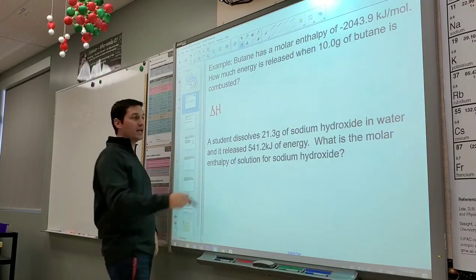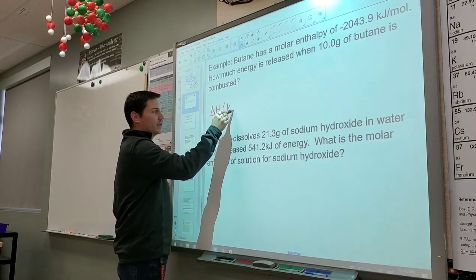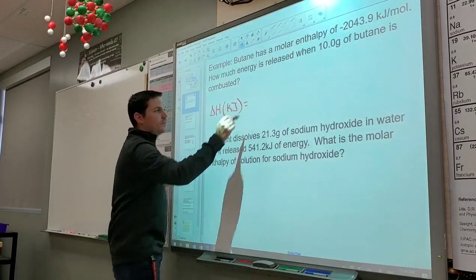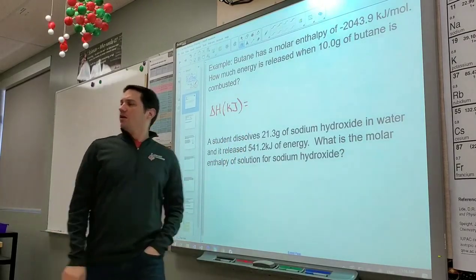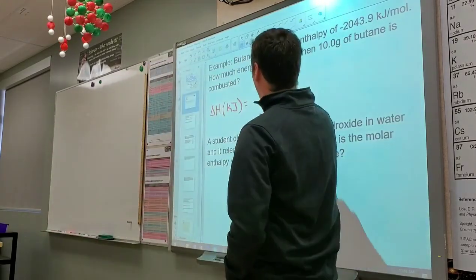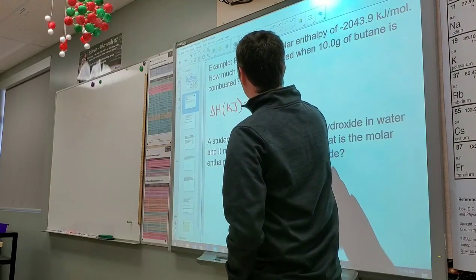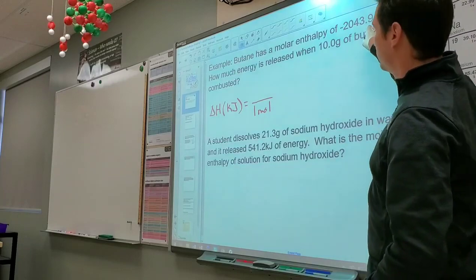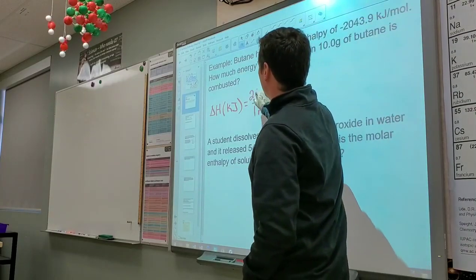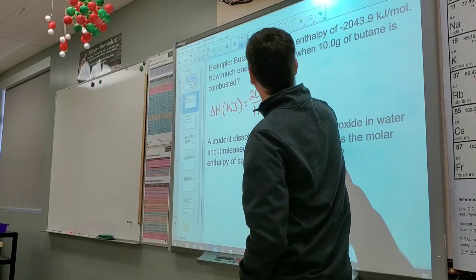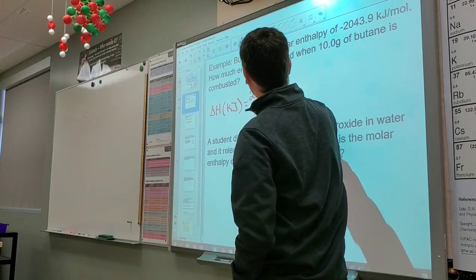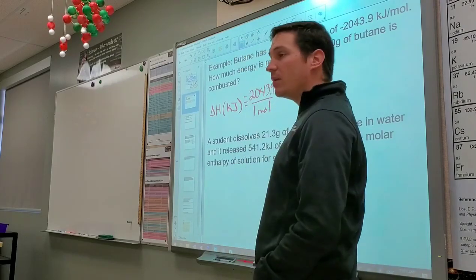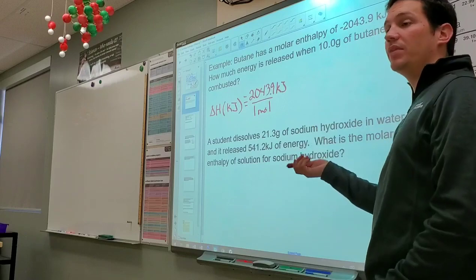We're looking for the enthalpy change measured in kilojoules. Well, we know every 1 mole of butane releases how much energy when it's combusted? Negative 2,043.9 kilojoules over 1 mole. And because it's talking about the butane, I will put the negative in there. This is from the butane's perspective.